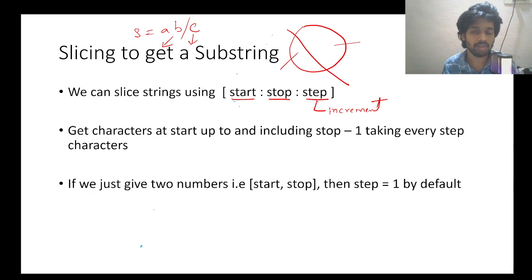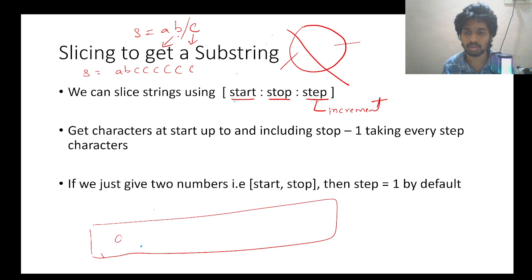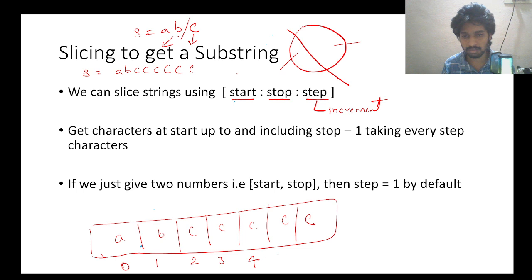First, I can mention the starting index. Let's take a bigger string here, A, B, C, C, C, C, C, with indices 0, 1 and so on.